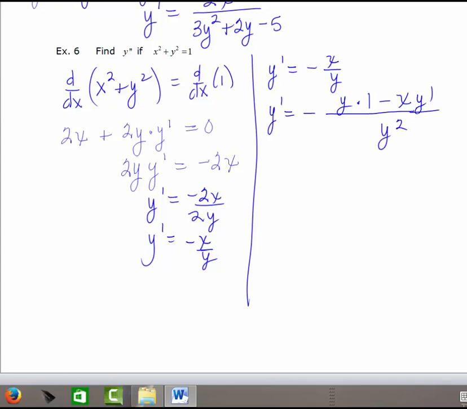Now there's a couple of things. One, we have a fraction, we want to simplify it as much as possible. The other thing that's important to pay attention to is that we want our function in terms of x and y, but we don't want to have a y prime in there. So we know what y prime is equal to. y prime is equal to negative x over y.